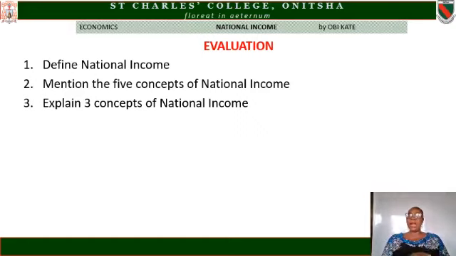We have 3 methods: income method, expenditure method, and value added approach. These are the 3 methods for measuring national income. Then we have the problems, the importance, the uses, the limitations, and also the concepts of national income.